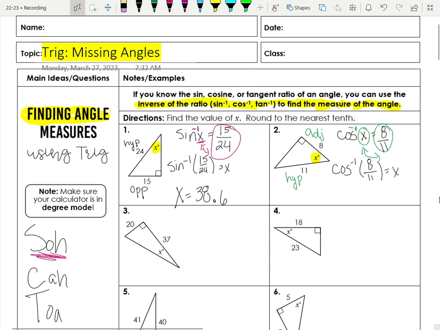I do 8 divided by 11, right? 8 divided by 11. Enter. And then I will again have to take the second, this time cosine. And I get 43.34.